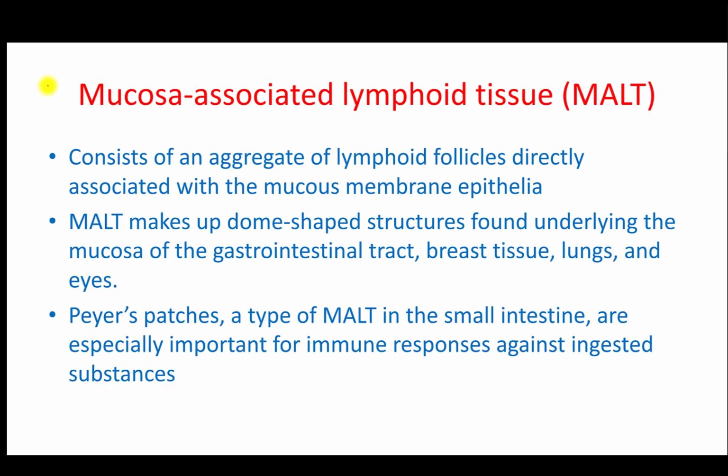For the mucosa-associated lymphoid tissue, this refers to the mucus layer that covers or lines the internal cavities of the body. This one specifically is for the gastrointestinal tract. So we will find it all over the alimentary canal, which is basically the digestive organs, mouth, esophagus, to the stomach, to the large and small intestine.